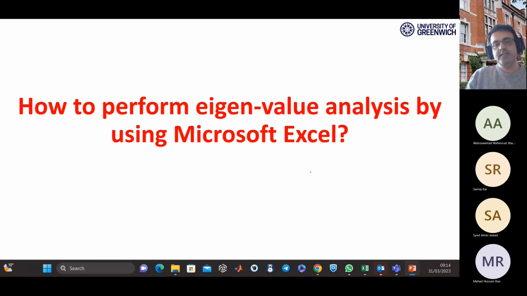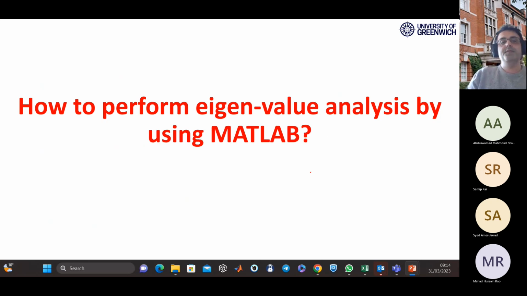For example, the next attempt is with Excel, where I've tried to solve the problem with Microsoft Excel, which is available on any computer. And the last one is how to use MATLAB. Just a reminder, you can install MATLAB on your own computer, desktop or laptop.